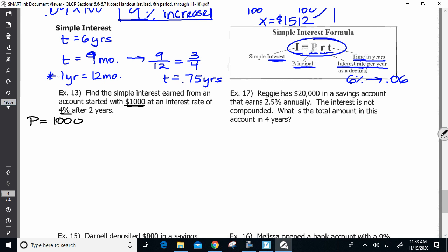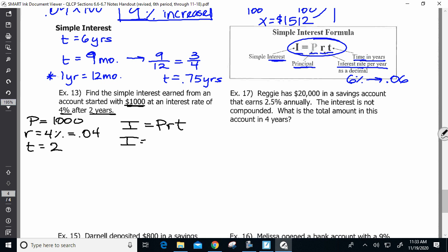At an interest rate of 4%, so R is equal to 4%, which you have to change to 0.04. 2 years, that's your time. And 2 is okay because it's already in years. So you've got your principal, your rate, and your time.